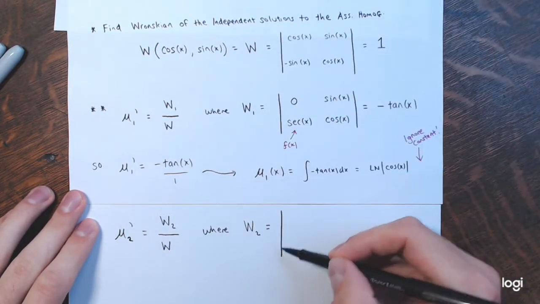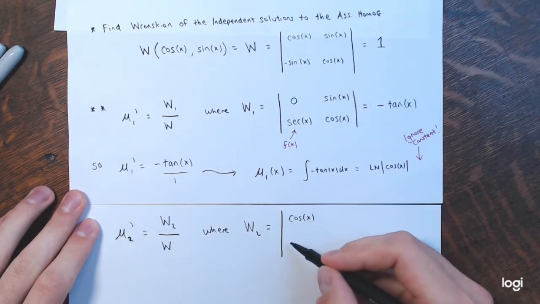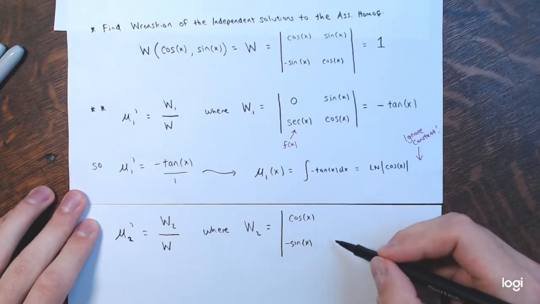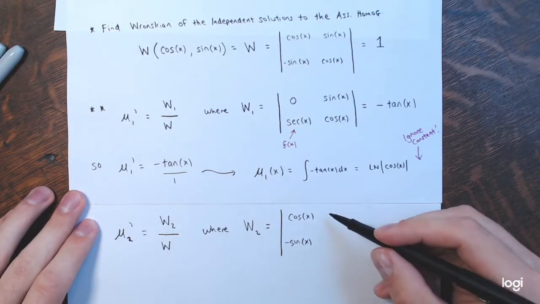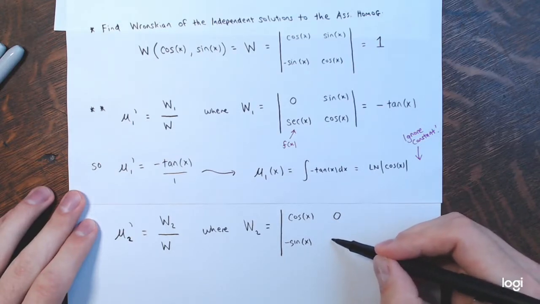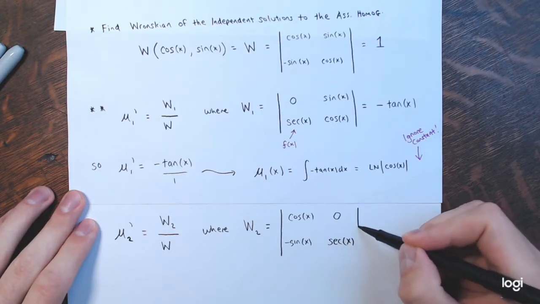So the original Wronskian, so down the first column I'd have cosine x, negative sine x, and then down the second column I replace that column with zeros all the way down till the last row, and then in the last row I put that f of x, which in this case was the secant of x.